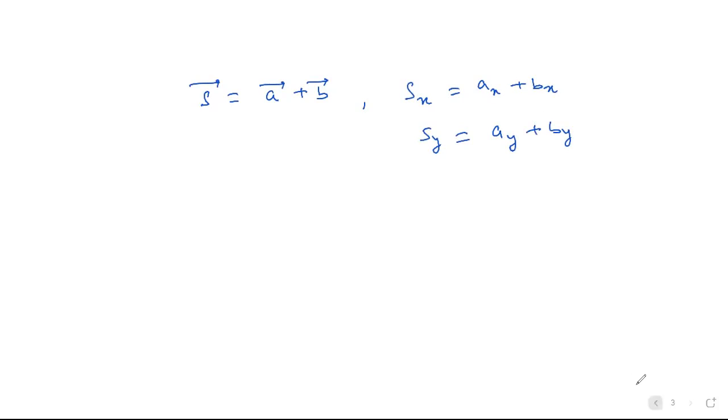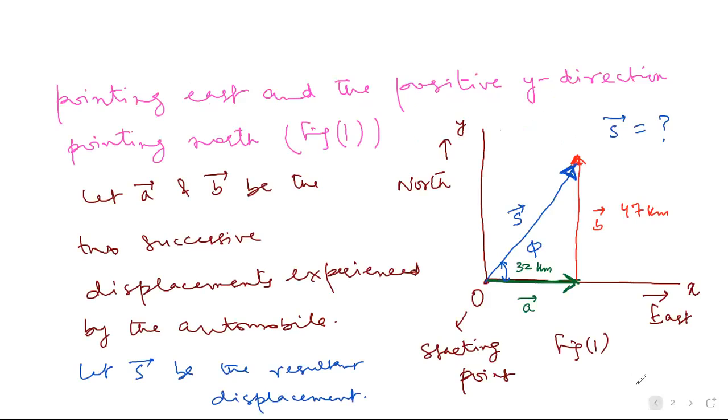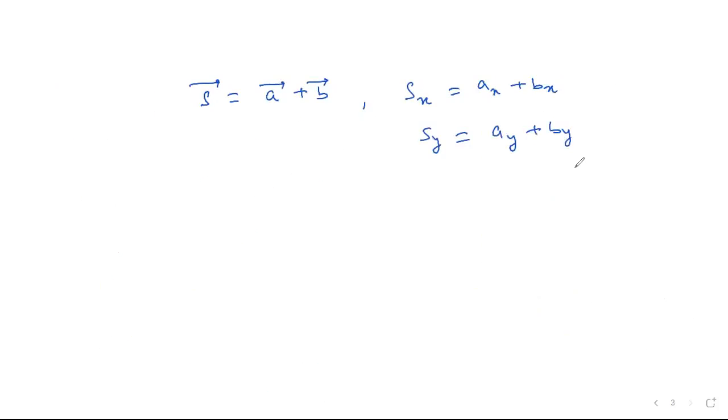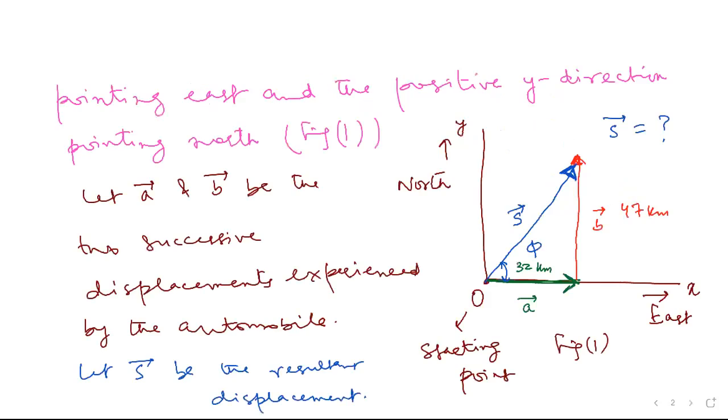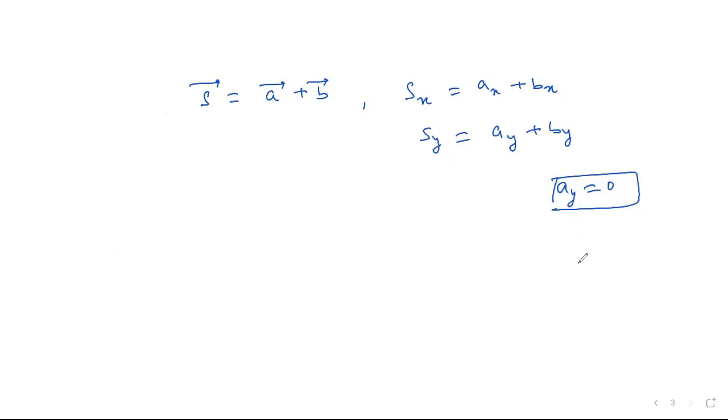Ax, Ay are the components of A, and Bx, By are the components of B vector, right? Now A is parallel to x-axis, that means Ay is 0. Similarly, B is parallel to y-axis, that means Bx is 0.